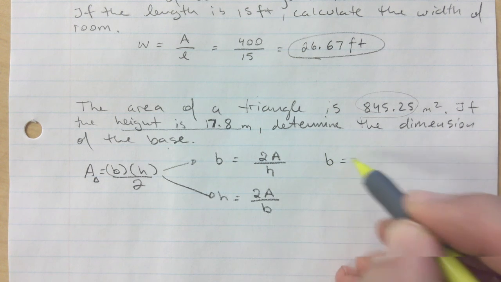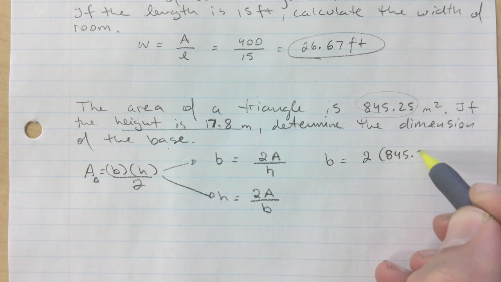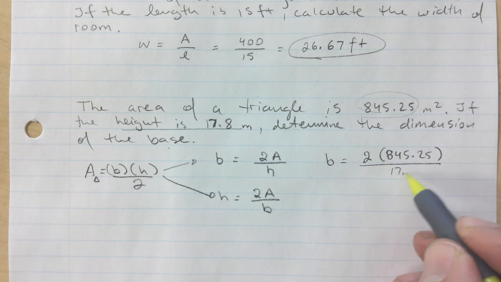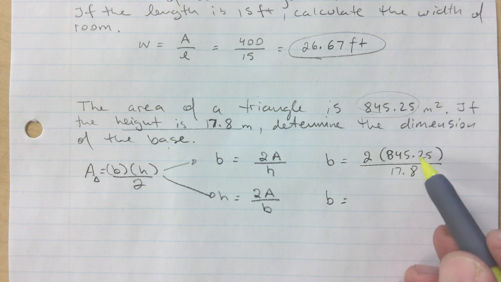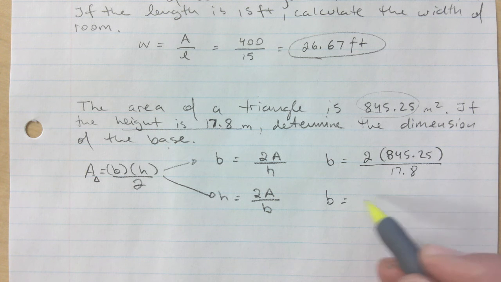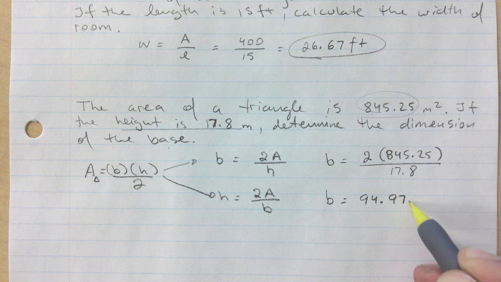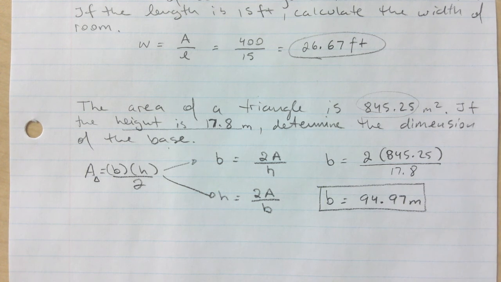So the base would be 2 times 845.25 divided by 17.8. I would always suggest hit equal and then divide. And that's 94.97, and we are in meters. So that's what that is.